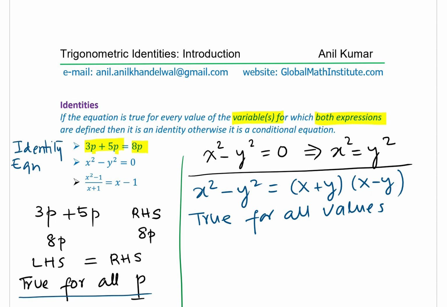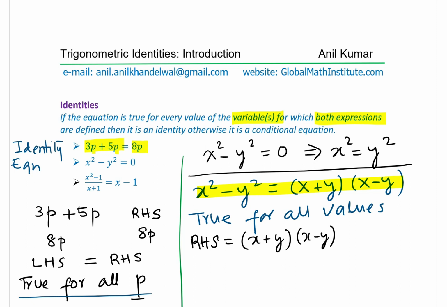But if I change it to x squared minus y squared equals x plus y times x minus y, then it is true for all values. And I can show it by starting with the right-hand side this time. The right-hand side will be x plus y times x minus y.